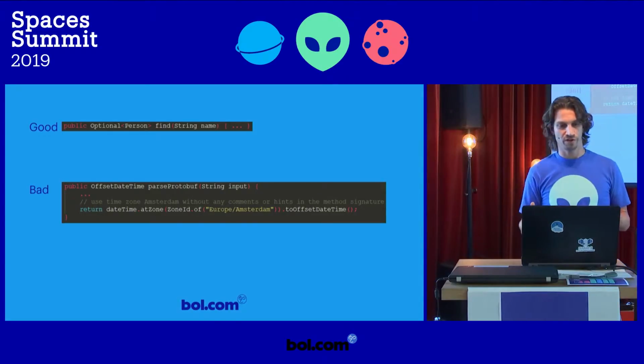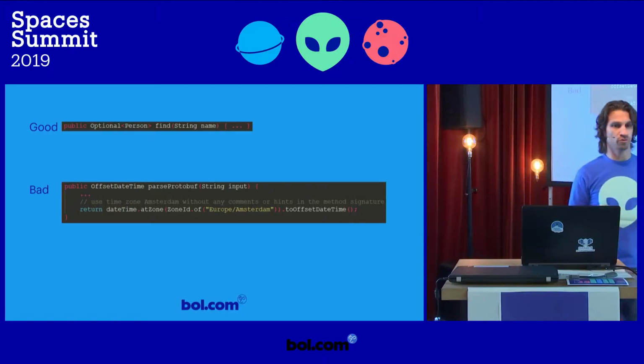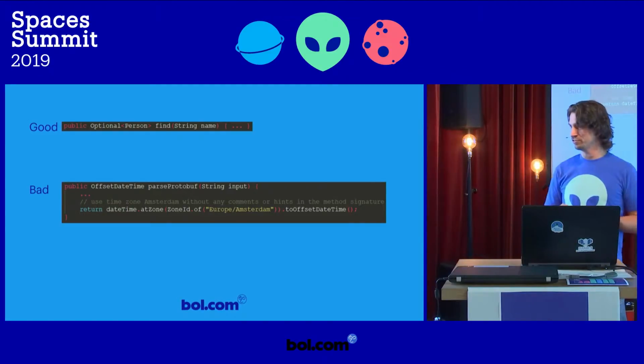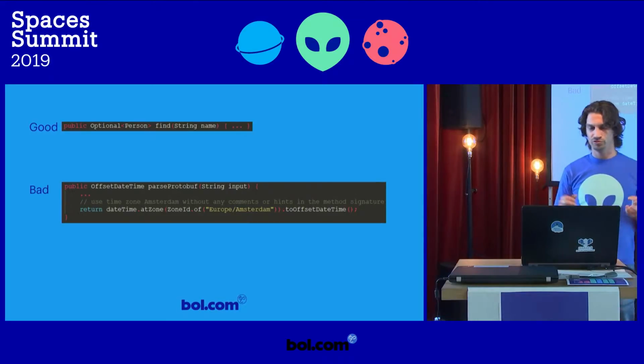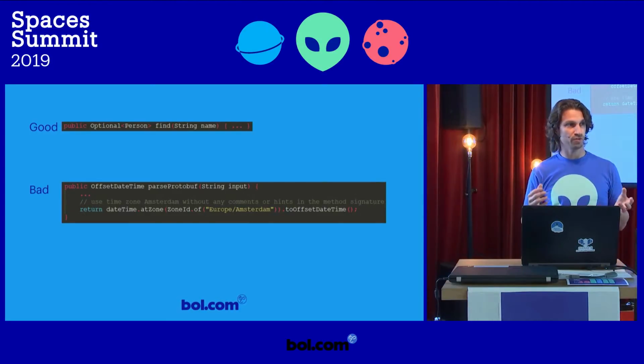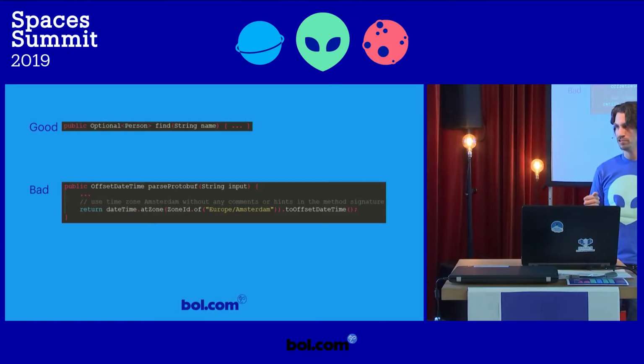And if the person was found, it will return that person. We could even conclude that the name might be unique because it's never returning multiple persons. It will always return just one. So these are all conclusions that we can take just by looking at the signature from this method.